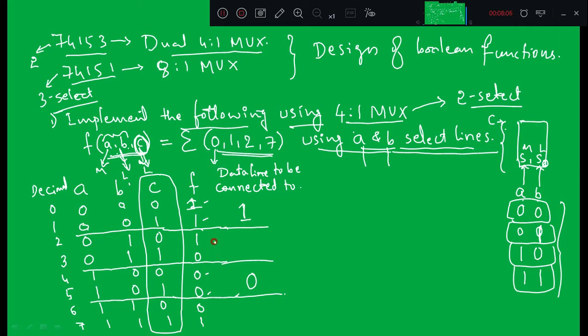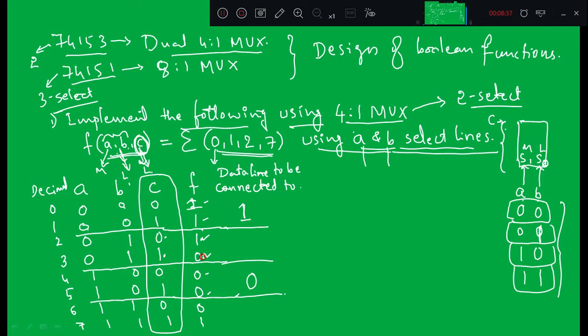Now, when they are different, how to write? See here. When f is 1 and f is 0, for these two combinations I need to compare the values of f with C, because C is going to appear on the data line. Now C is 0, f is 1, and 1 is the complement of 0. And here C is 1, output is 0, again 0 is the complement of 1.